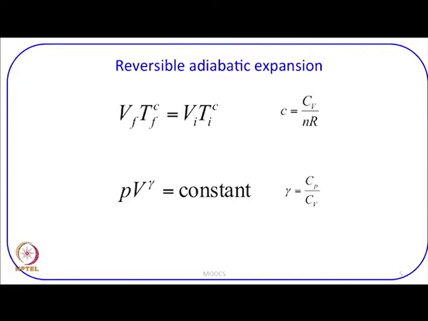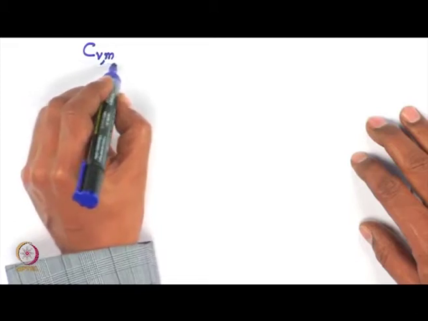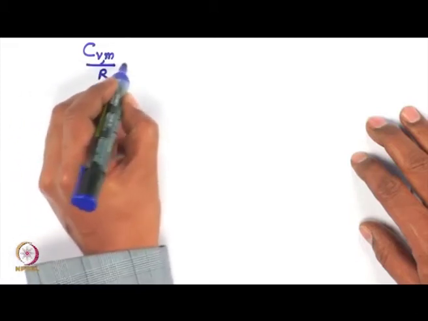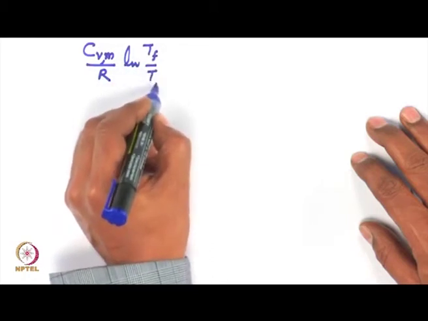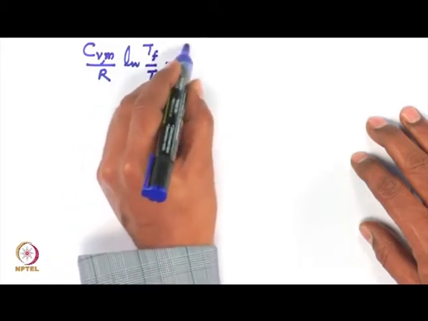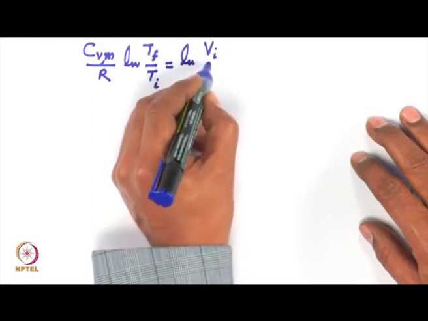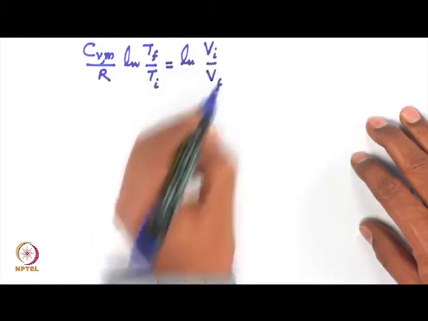So, what we have is CVm by R log Tf by Ti is equal to log Vi by Vf.